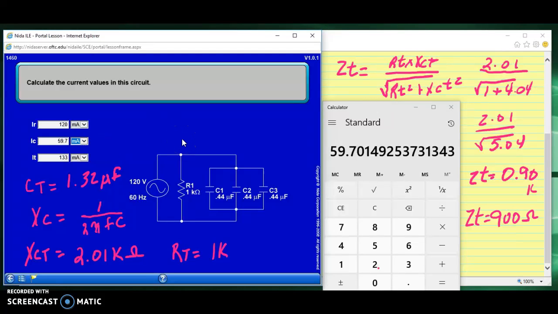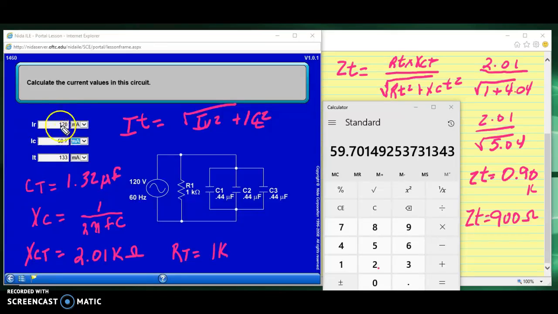That's because we have to go back to this formula here, and I'm going to write it down for you. This is just a way of double checking ourselves: I total is equal to the square root of IR squared plus ICT squared.